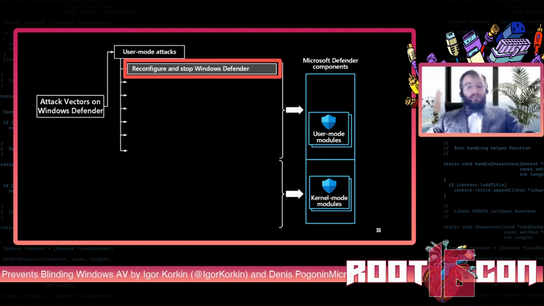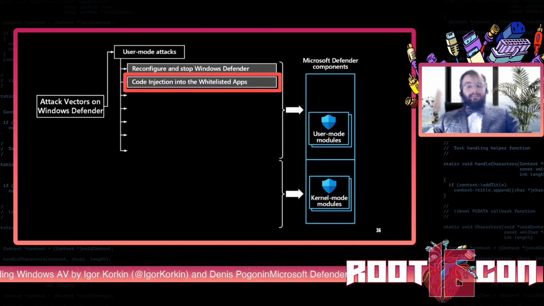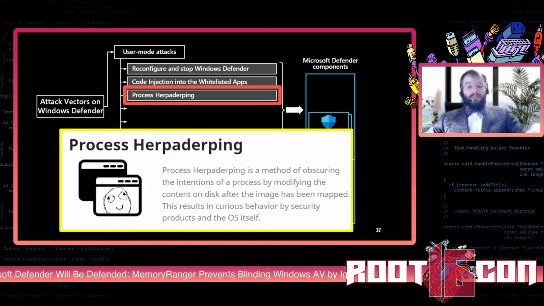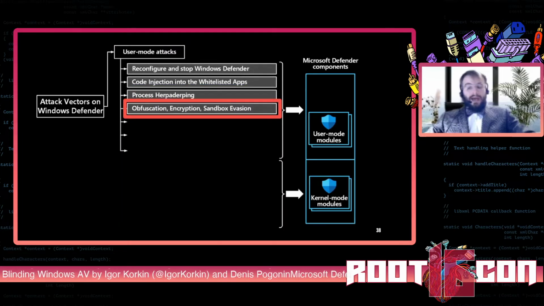Attackers can implant the code into the whitelisted processes, for example, to access internet without any obstacles. Attackers can confuse Microsoft Defender by modifying the file's content on the disk after the image has been mapped. Attackers can use various techniques to bypass file scanning engine of Microsoft Defender, such as packing and obfuscation.